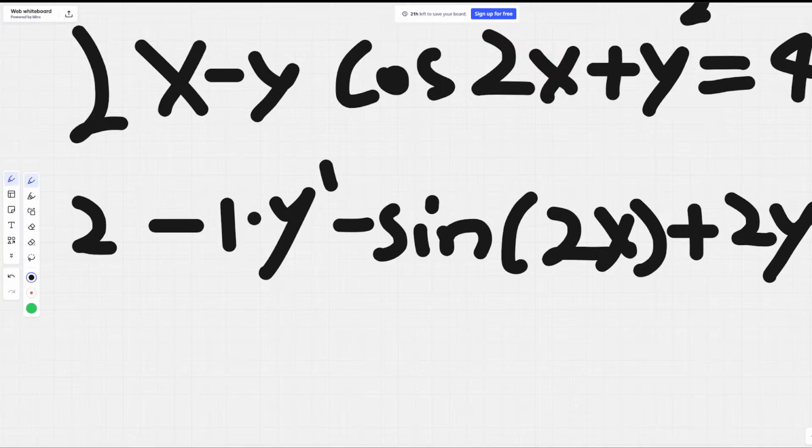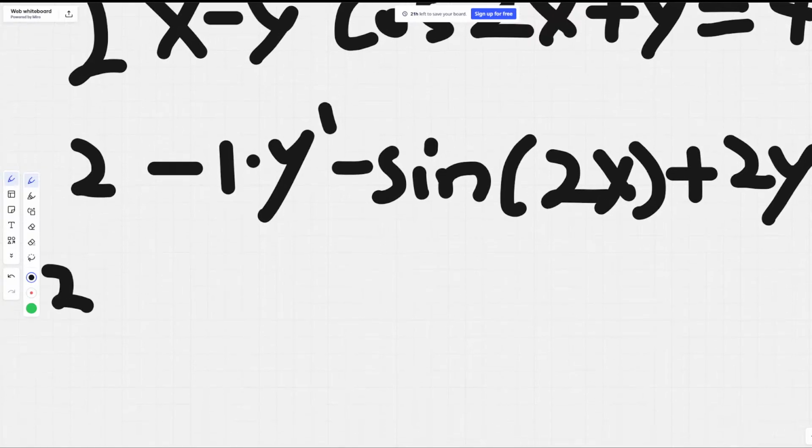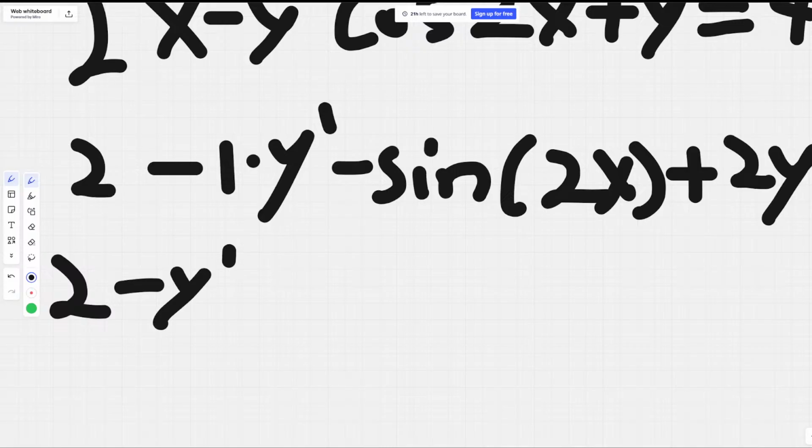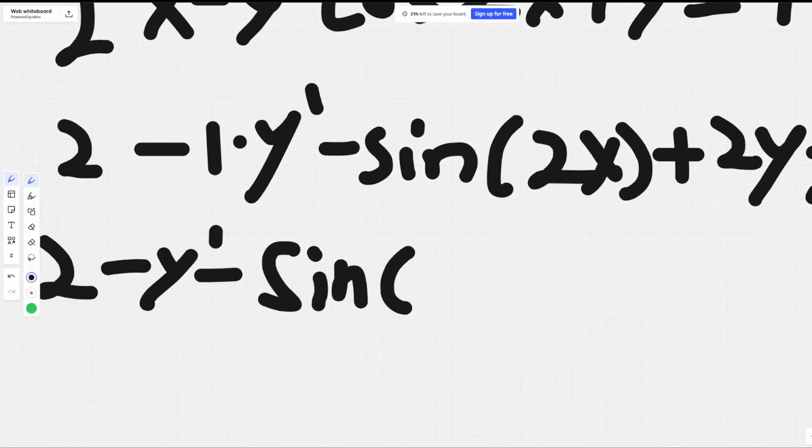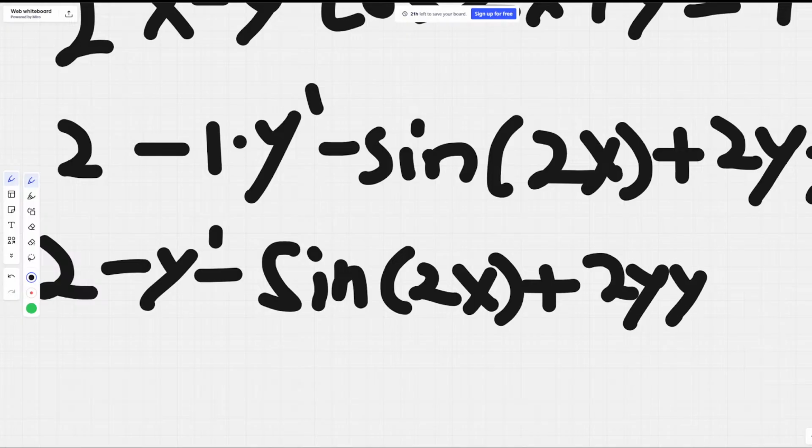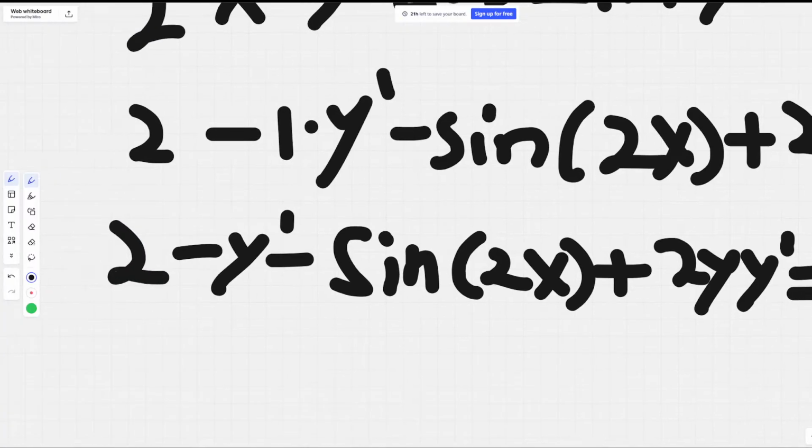Push it all together. 2 plus y prime minus... Two y prime equals 0.